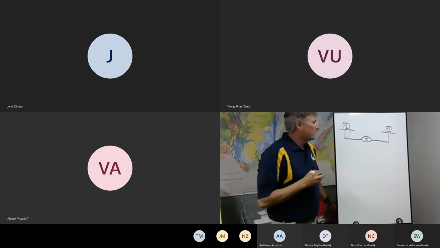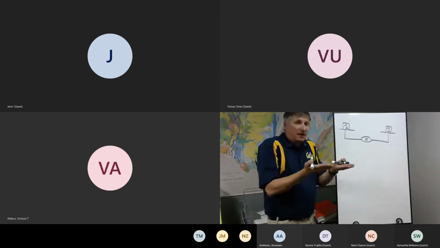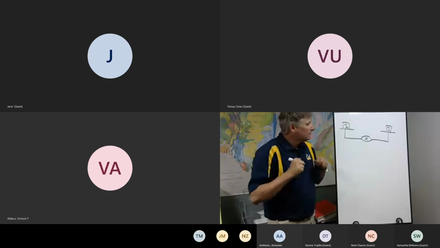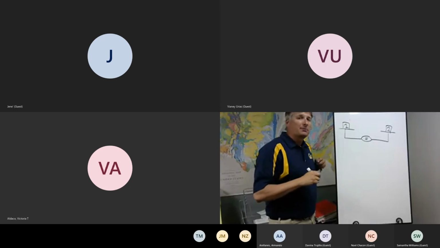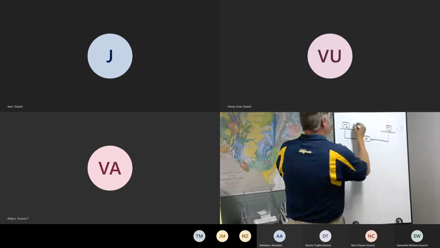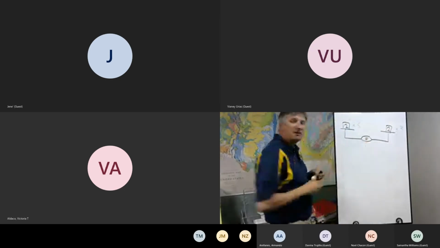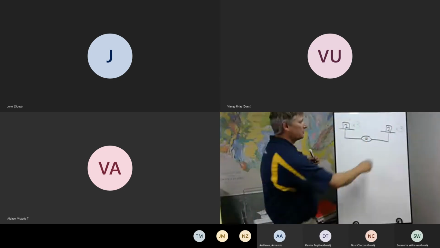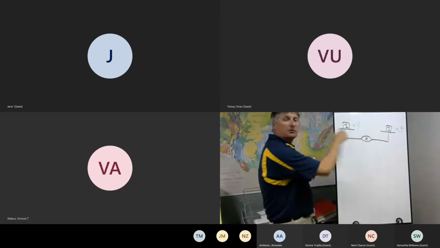Now let's consider this situation. Again, we have 1 pound on each side. It's all balanced. Let's multiply both sides by 3. Remember, we have to keep things balanced. So if we triple this side, we have to triple that side.